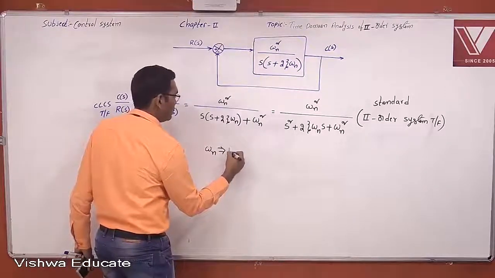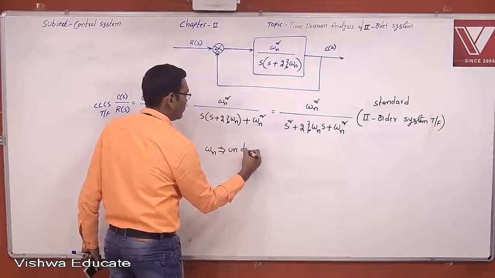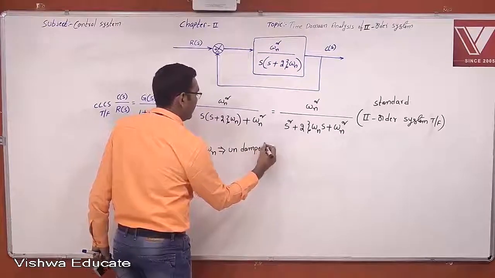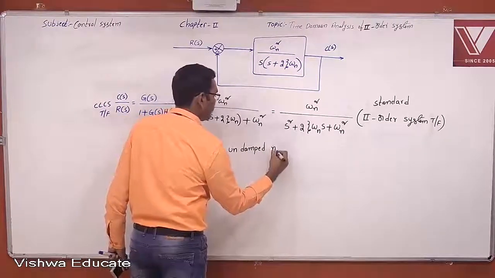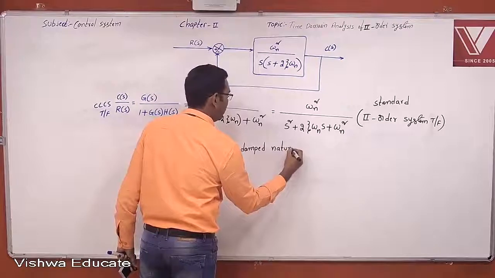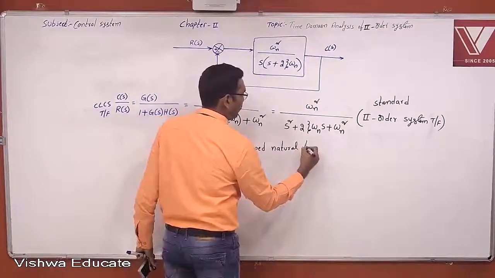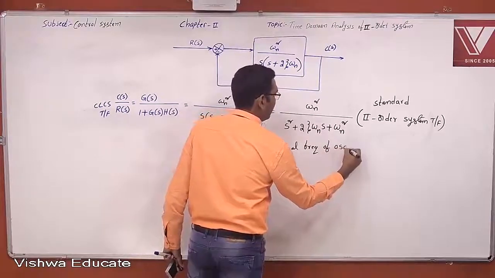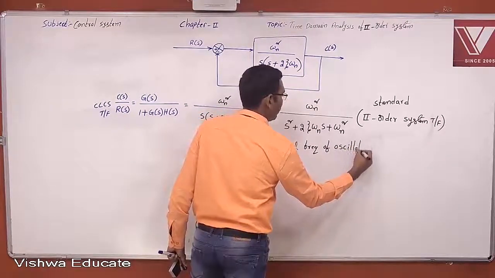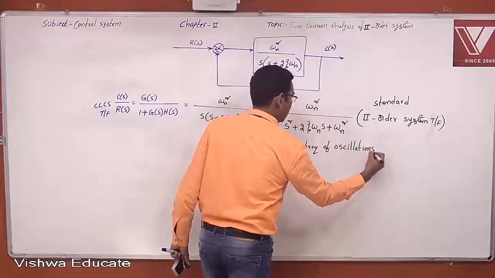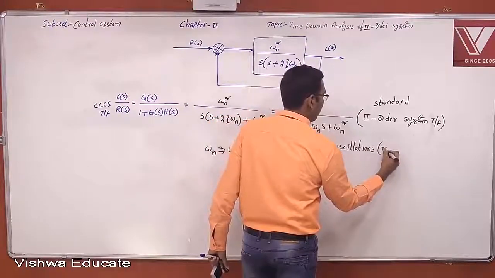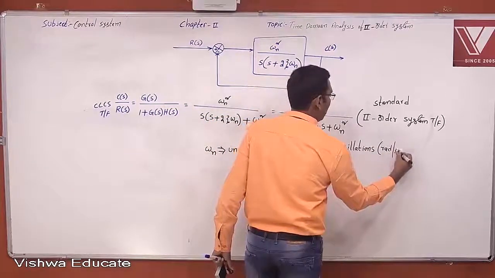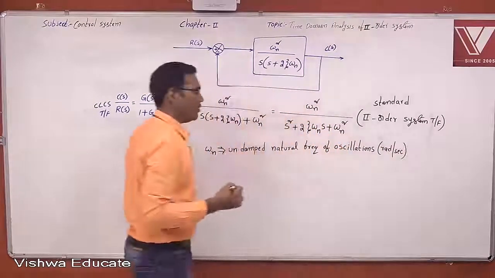is the undamped frequency of oscillations, or undamped natural frequency of oscillations.